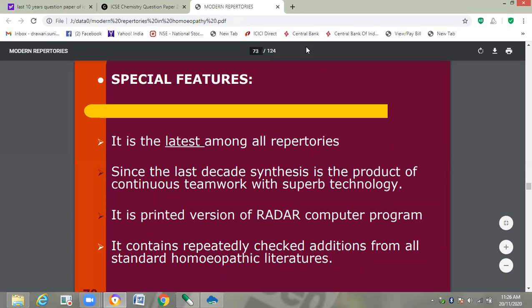The vast amount of clinically confirmed information has been added in this edition. Many new provings, about 7,000 symptoms, as well as 42 provings, as well as other new provings, were added in this edition.